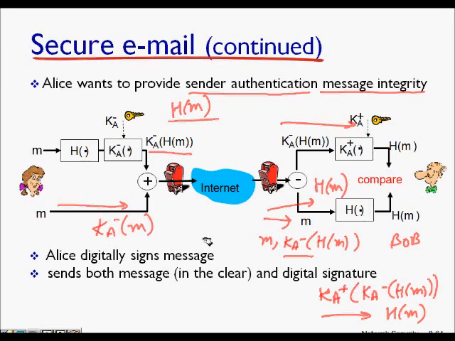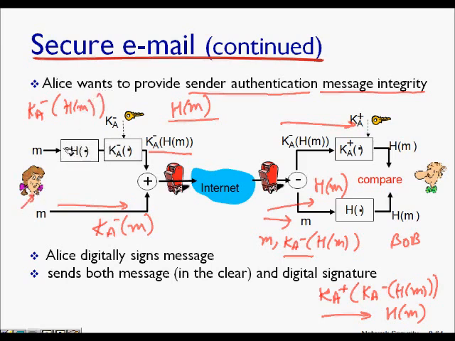And how is it known that it is Alice only who has sent it? Because it is the property of the private key. So Ka minus, whatever H of M Alice had sent, when you apply the public key to this you get H of M, and here also you are getting H of M. Then there can be nobody else, because nobody else knows the private key of Alice.